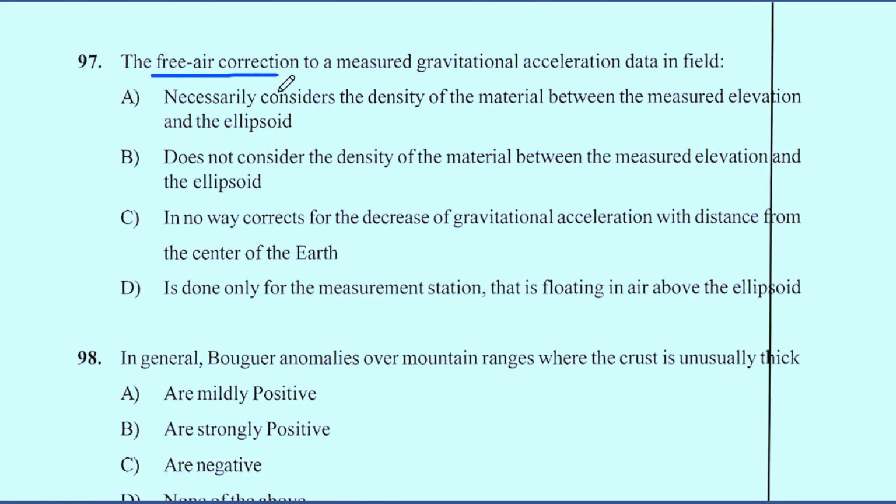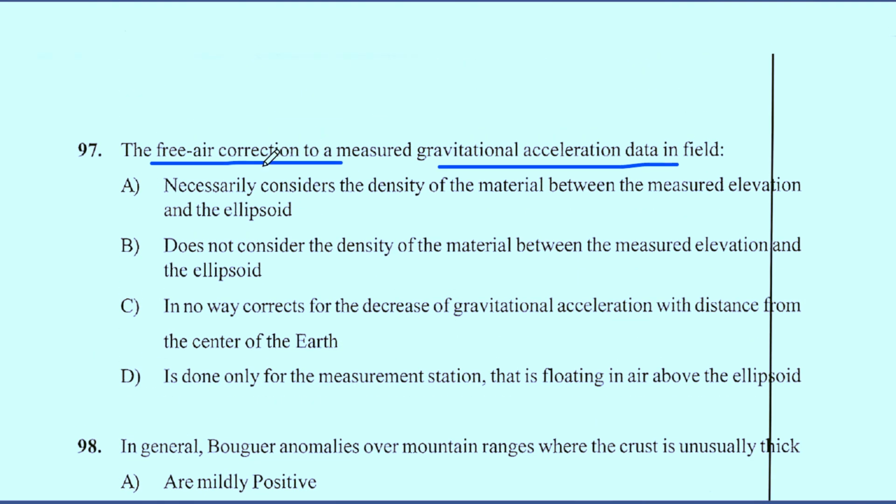Next question is the free air correction to measure gravitational acceleration data in the field. Okay, so there are two terms, one is free air, one is Bouguer correction. Also in free air, we are talking about the material between, suppose this is like this.